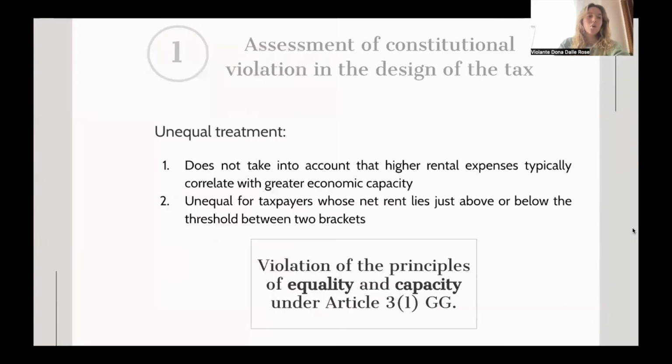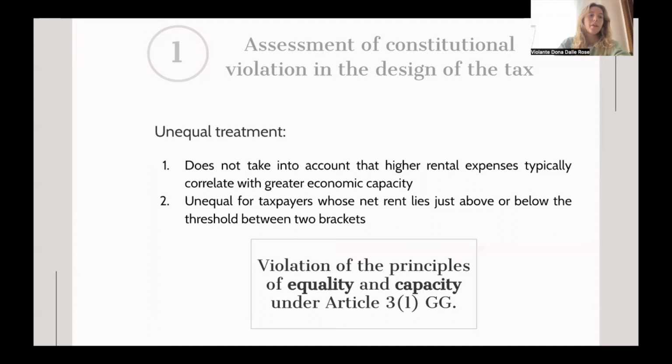So in the case that we have analyzed, the court thus concluded that the bracket type design of the 1989 and 2006 taxation bylaws resulted indeed in unequal treatment. Why? For two main reasons.